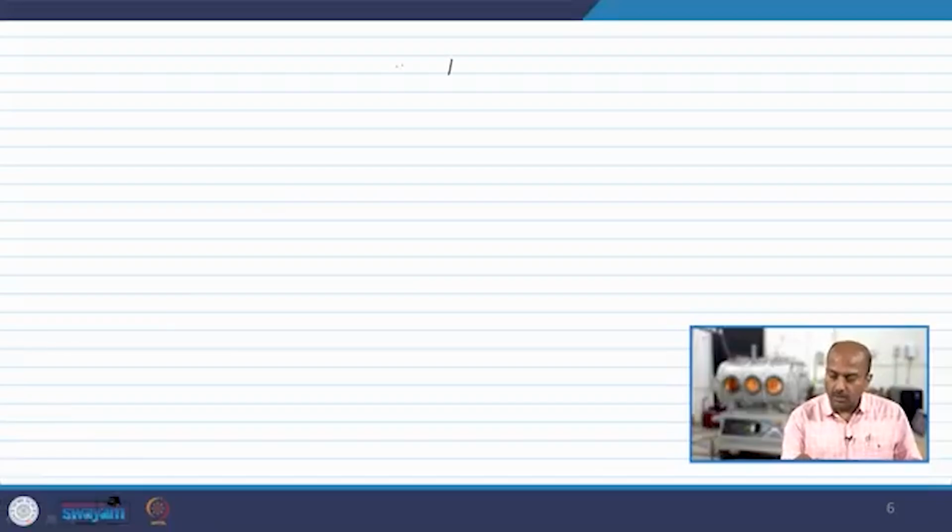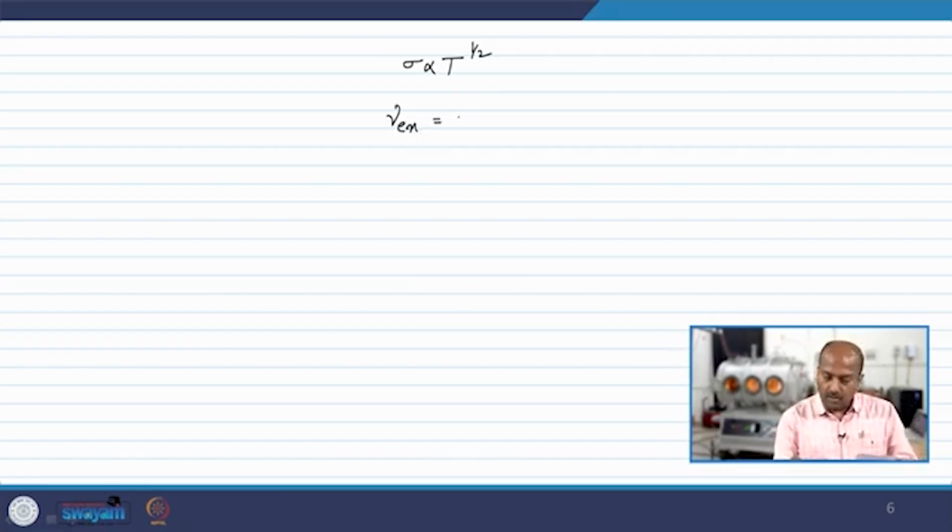So, basically the cross section will now depend on the force, right. What has been found is that the cross section sigma is proportional to T to the power of half, which means we can take this nu_en as N_n times some constant, which is just giving you everything other than the temperature, T to the power of half multiplied by sigma.